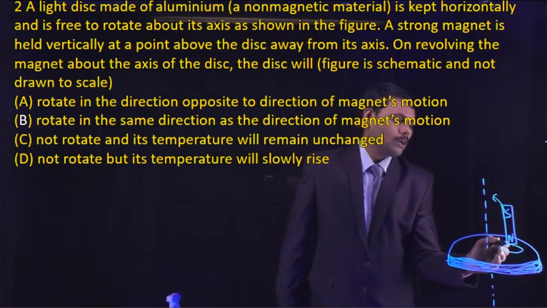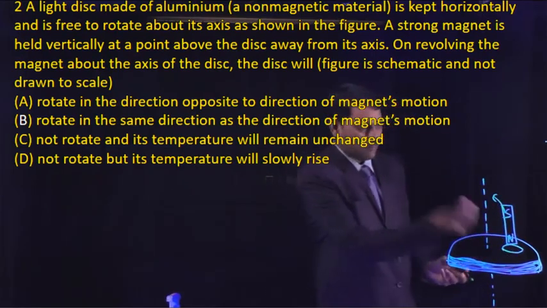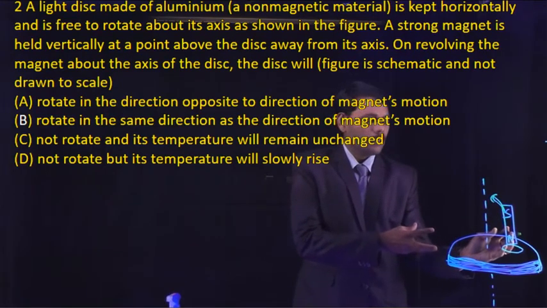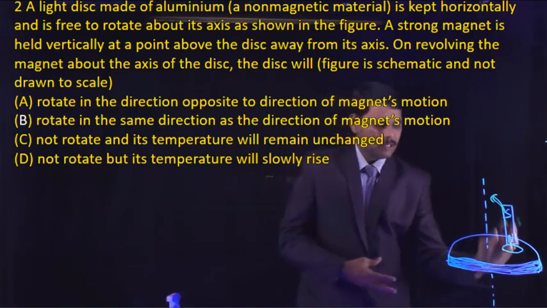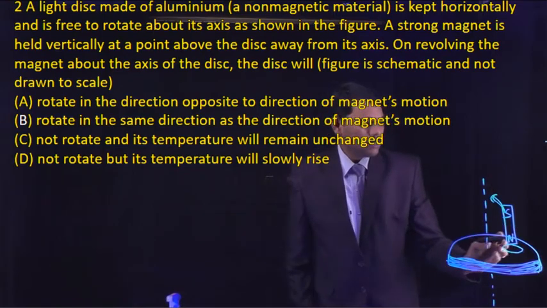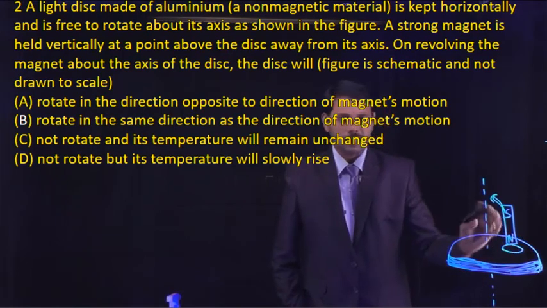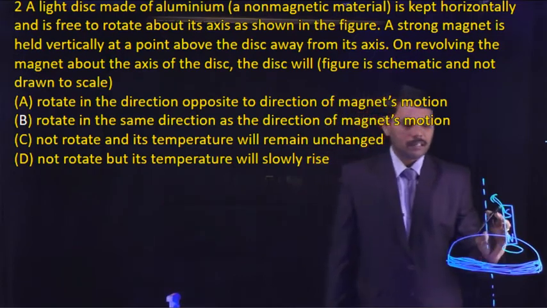then you are removing the magnetic lines of force through the loop. When the magnet moves away, as shown by the arrow mark, from its actual position, the magnetic lines of force passing through the loop keep decreasing.